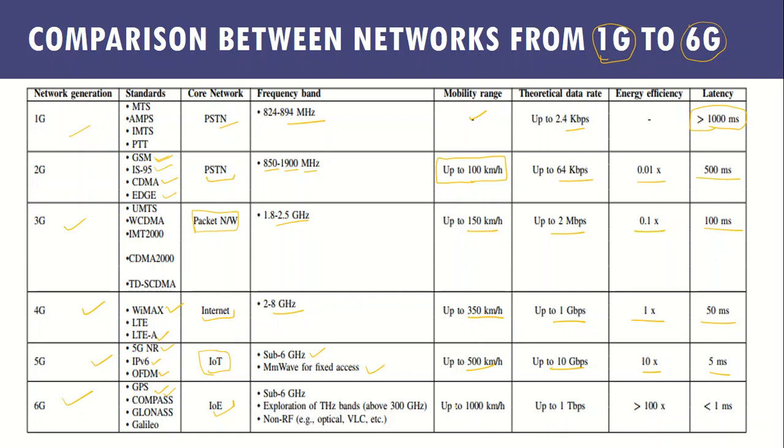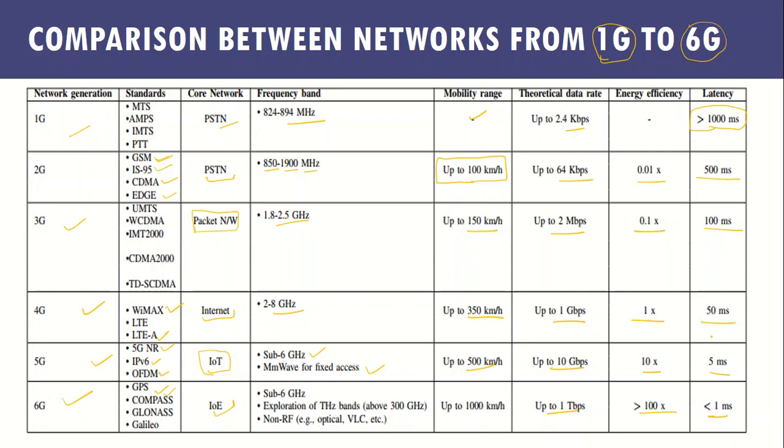The mobility range increases: users can move at up to 1000 km/h and still easily communicate with other users with the help of the internet. Theoretical data rates are also improved up to 1 terabit per second, energy efficiency is improved by more than 100 times, and latency is reduced to less than 1 millisecond.